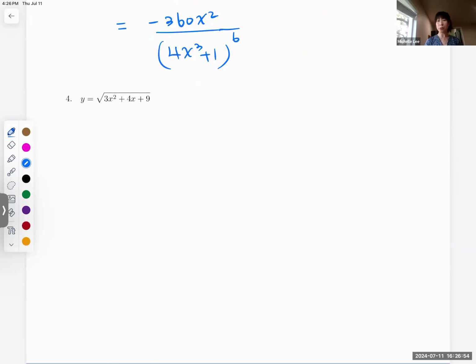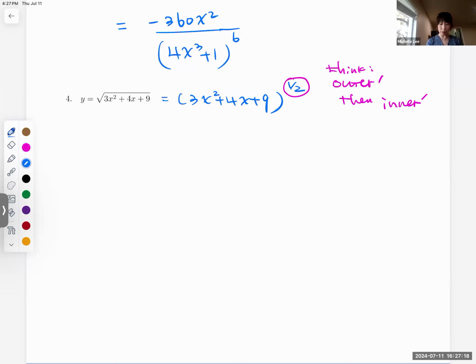Okay, now in order to use power, we convert the square root to a power. So this is 1/2 power. Then outer prime, then inner prime, right? Okay, outer is 1/2. y prime, 1/2 times 3x squared plus 4x plus 9 minus 1.